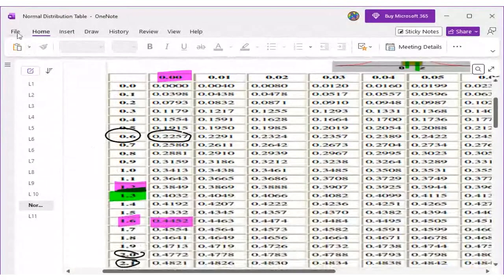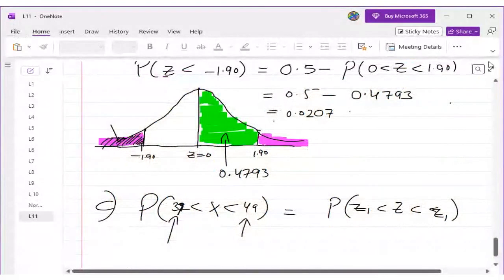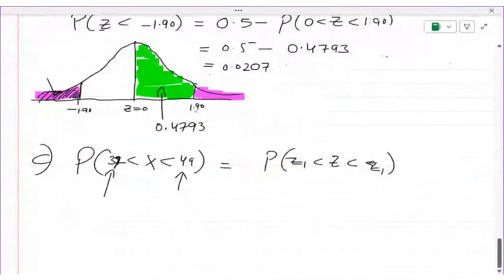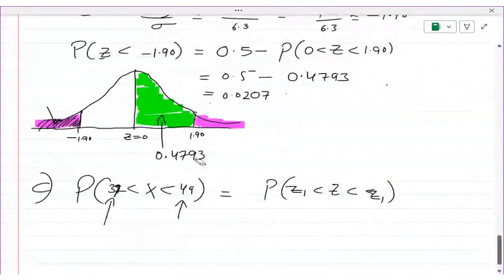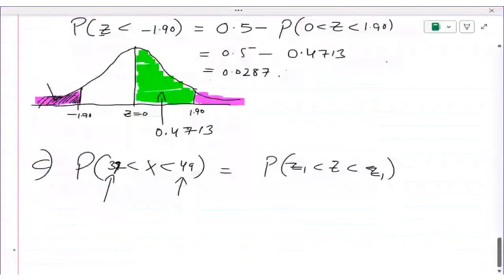Okay, so no problem, make this correction. If it is 4713, then it will be 0.0287. Yes. Okay, so C part you can do, students.